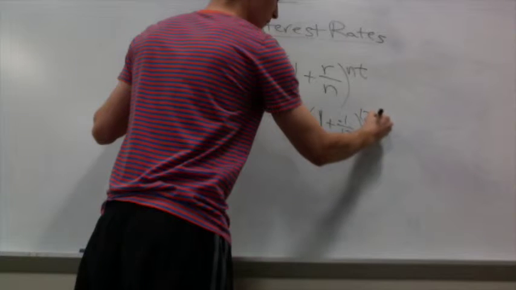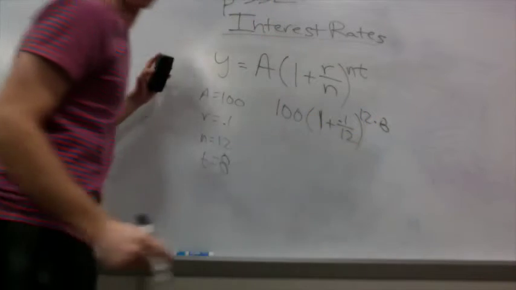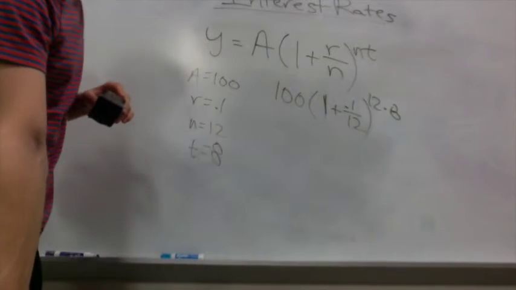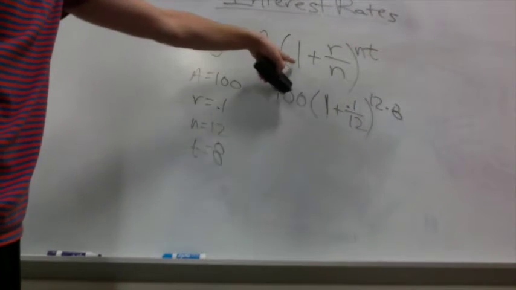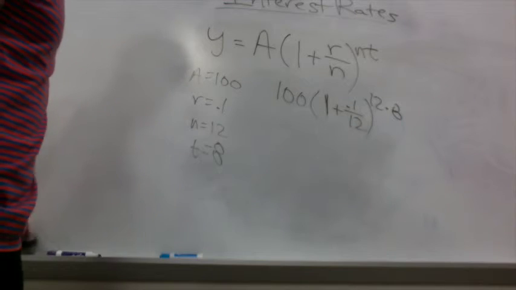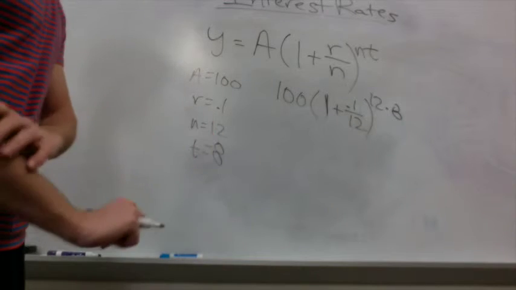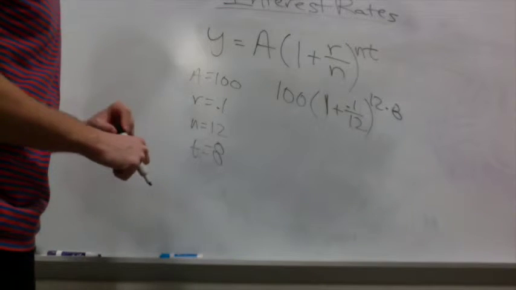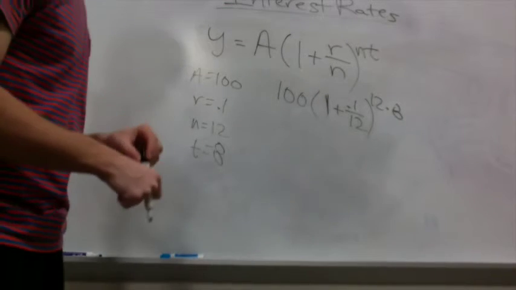So 12 times 8. Hopefully you're taking a look there. That makes sense. All we're doing is plugging it in according to the model. The numbers are always going to change. The model never changes. So this is something I think we should understand. We should be able to use pretty easily.